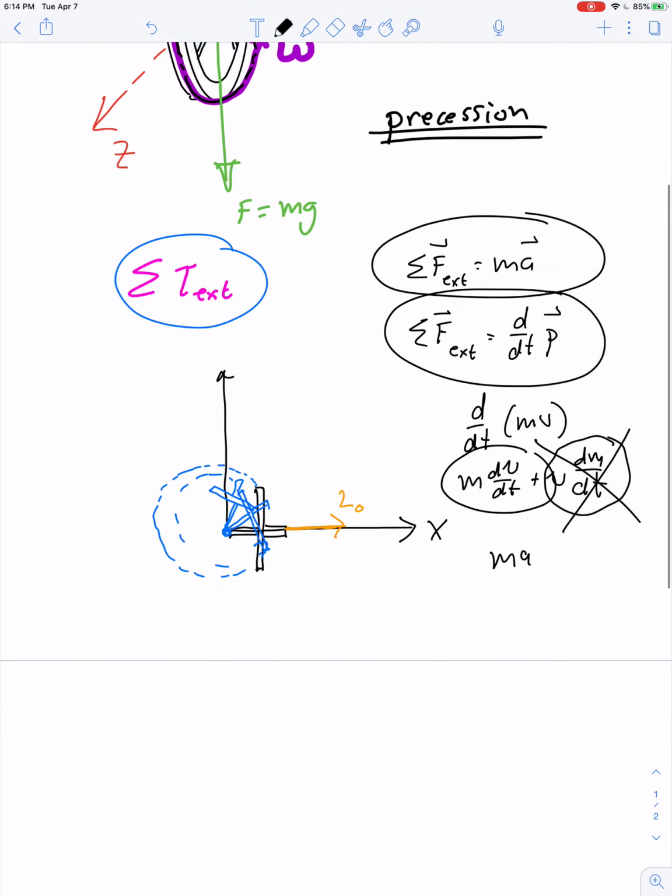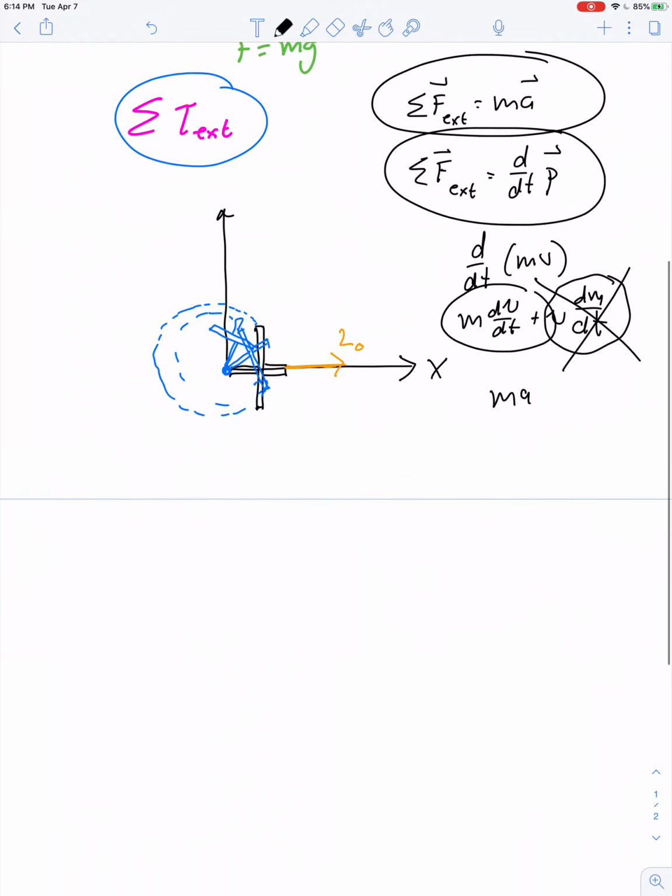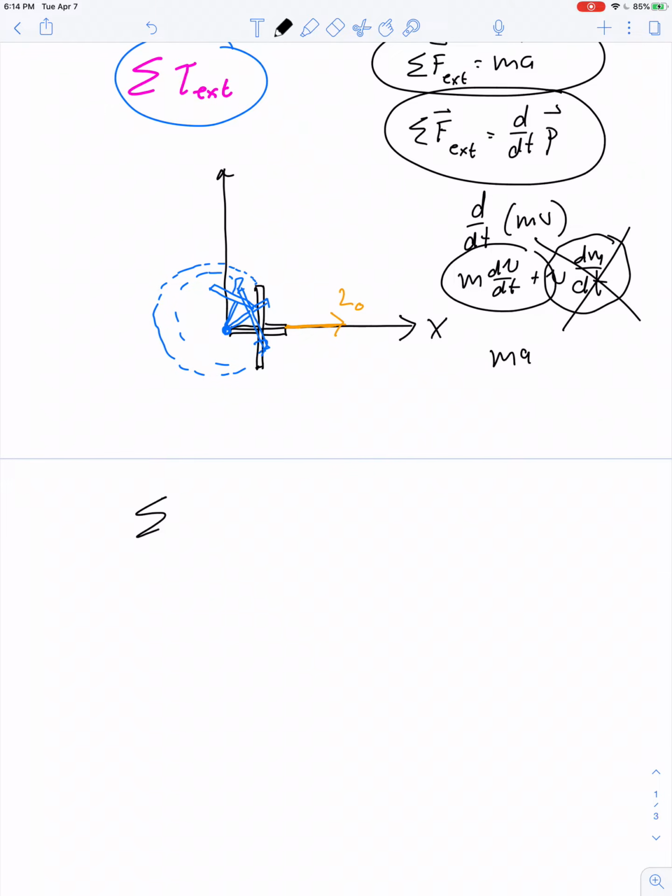So what's the rotational equivalent to that equation? We think that net torque is equal to I alpha, but I think it might be better to say net torque equals the time rate of change of angular momentum.